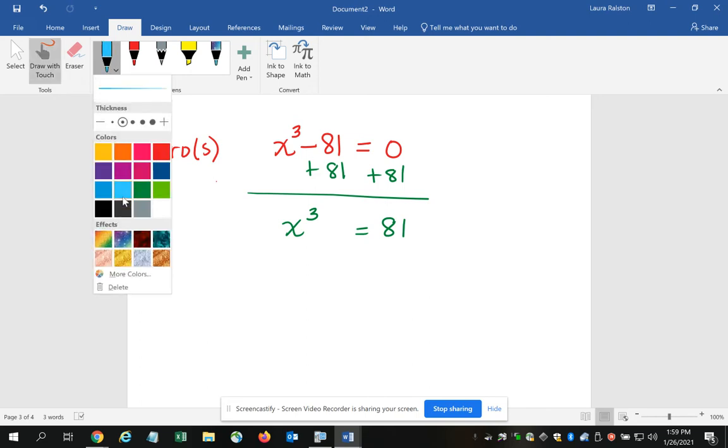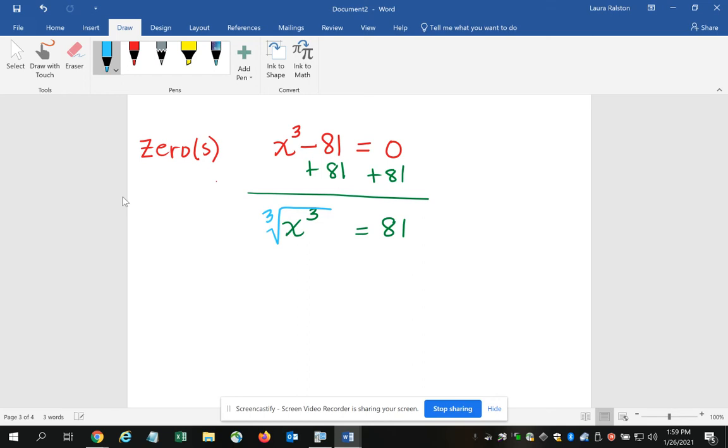Then we take the cube root of both sides. So x equals the cube root of 81, which is not a perfect cube. It comes out to be approximately 4.33 if you round it to 2 places. If you wanted to break it down, it becomes 3 times the cube root of 3 if you want it to be exact. It depends on how you're asked to express your answer.